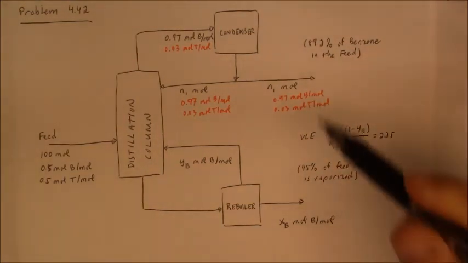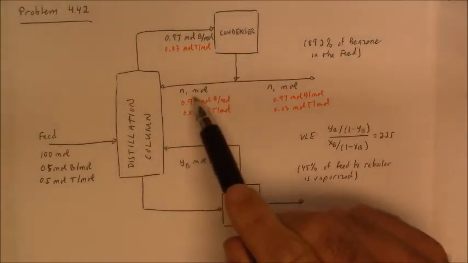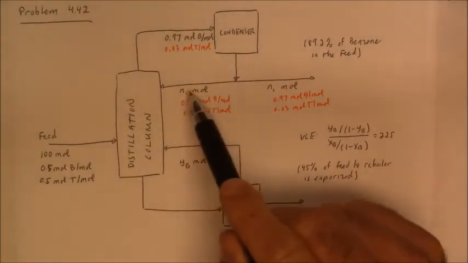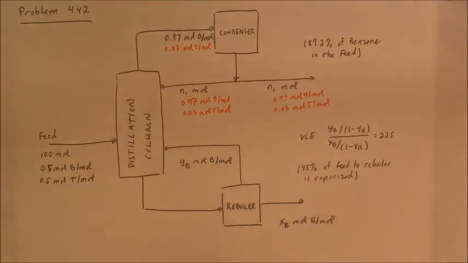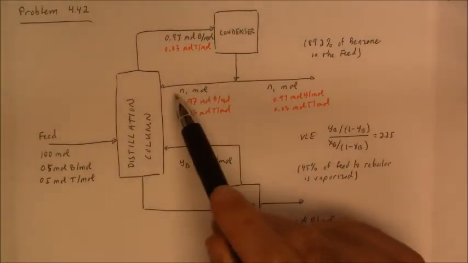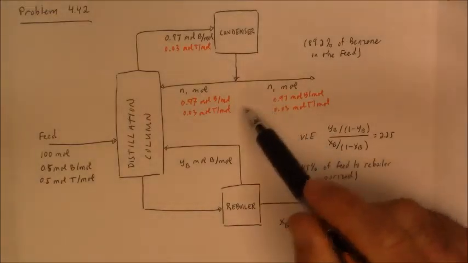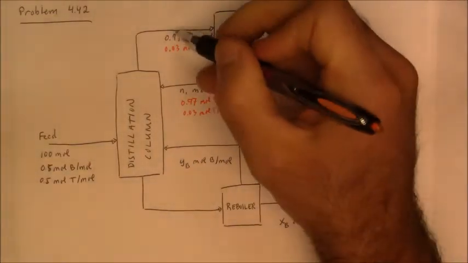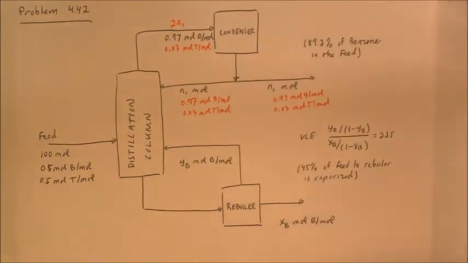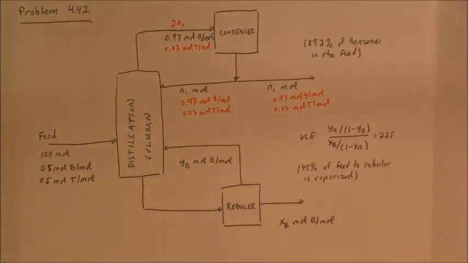Okay, also we can do a very simple material balance. We're told that the stream sent back to the column is the same as the stream exiting the column, so each of these were labeled N1 in the problem statement. Therefore, we know that the stream entering the condenser must also be 2N1. That would be the total amount of moles in stream 1.